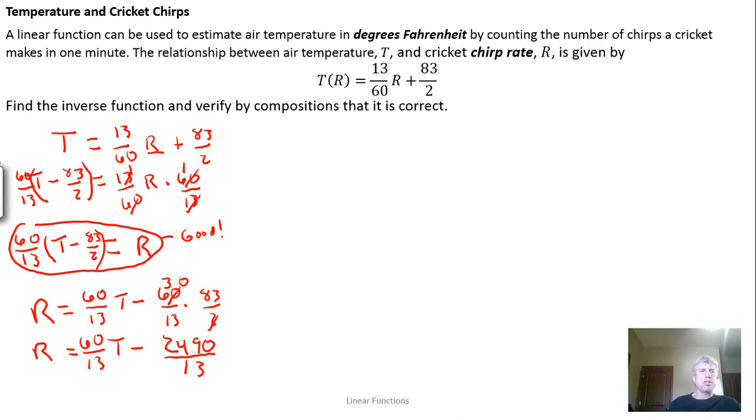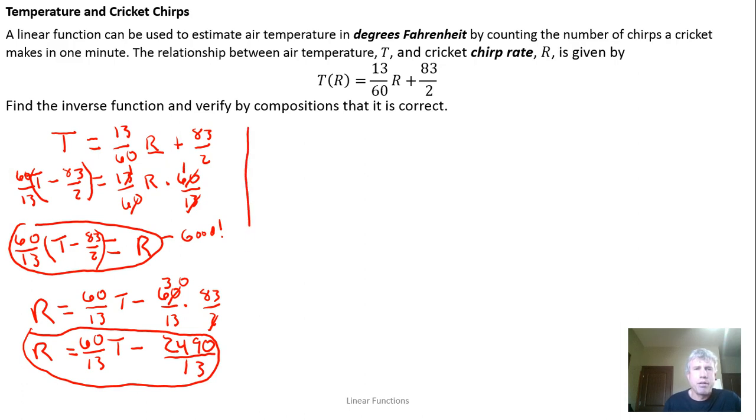So we could get it in slope-intercept form if we needed to. The directions don't indicate that we need the inverse in slope-intercept form, so it's easier just to stop right here once we've isolated the variable r.